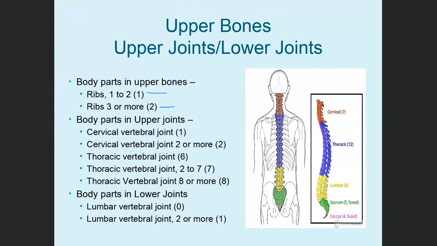In the upper joints, cervical, you have one vertebral joint or two or more joints. In thoracic, you have one joint, 2 to 7, or 8 or more. In the lower joints, you have lumbar joint, and then you have two or more. So it's which area of the spine it is and how many joints are being treated.